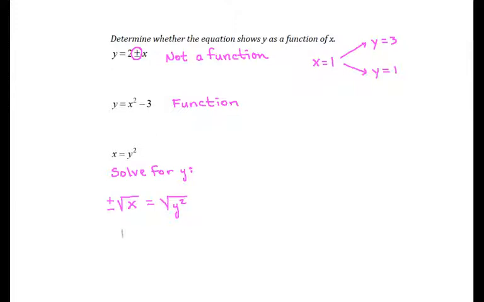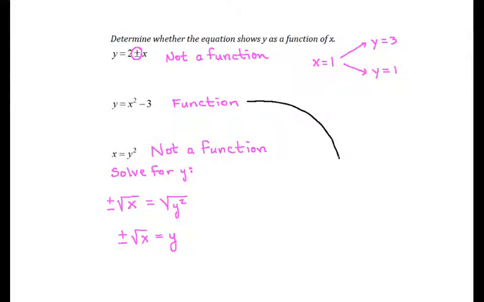That becomes y equals plus or minus the square root of x. Again, that we do have that plus or minus, which introduces two outputs for one input. So this one we would say is not a function. Having the square on x doesn't make it violate the definition of a function. Having the square on y does, right?